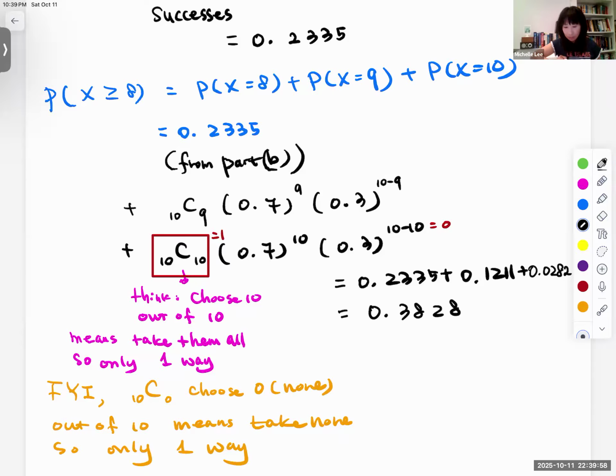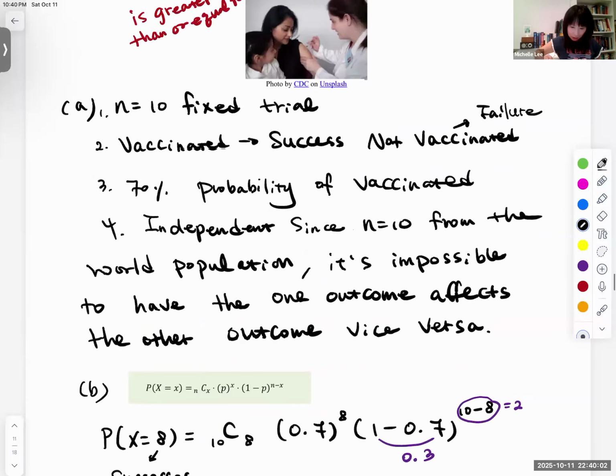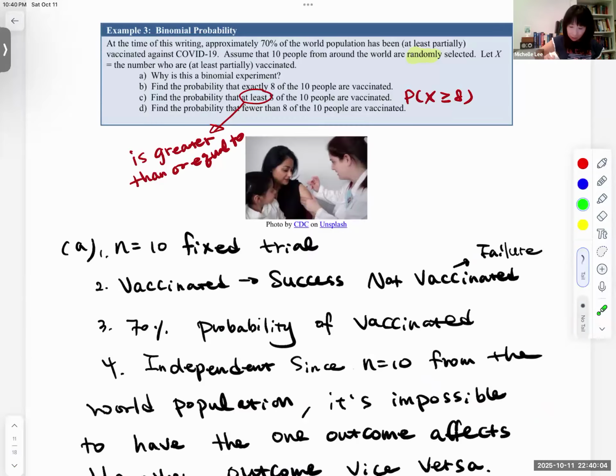All right? Okay. The last one, I think, find the probability that fewer than 8, oh my gosh, fewer than. So it will start at x equal to 0, x equal to 1, until fewer than 8. So 0 to 8.